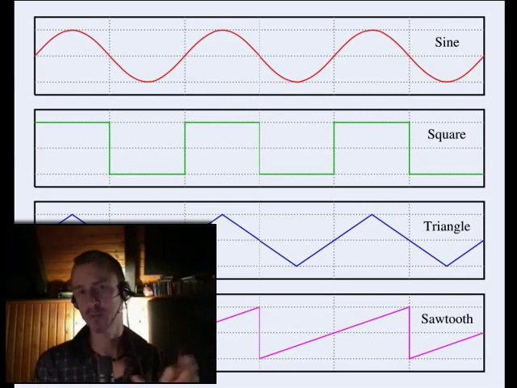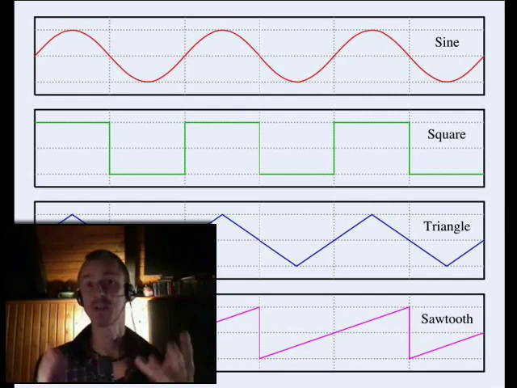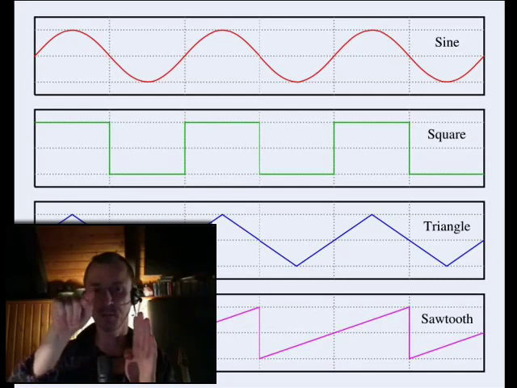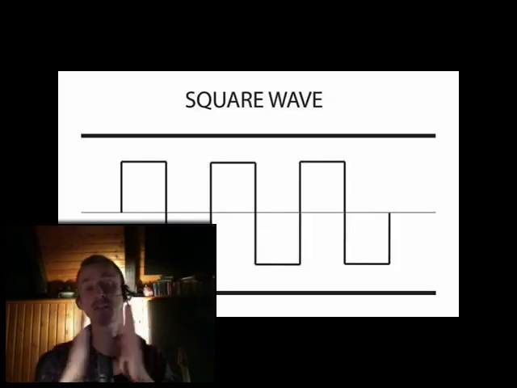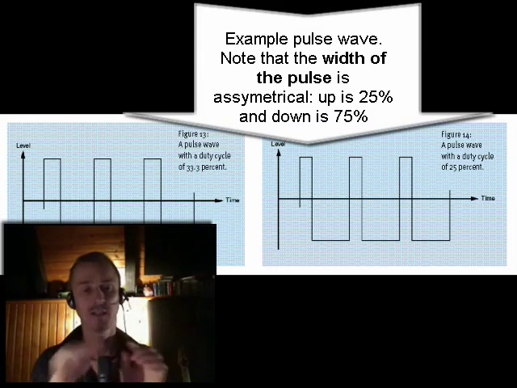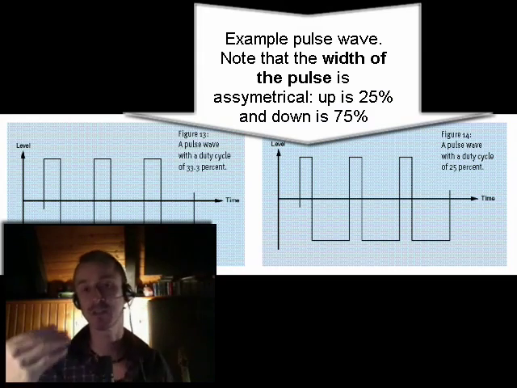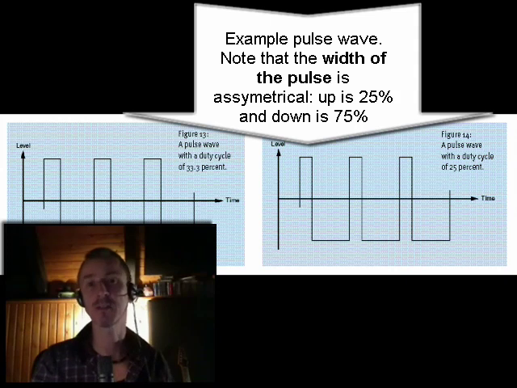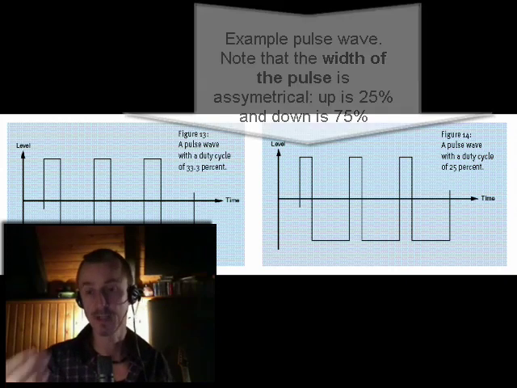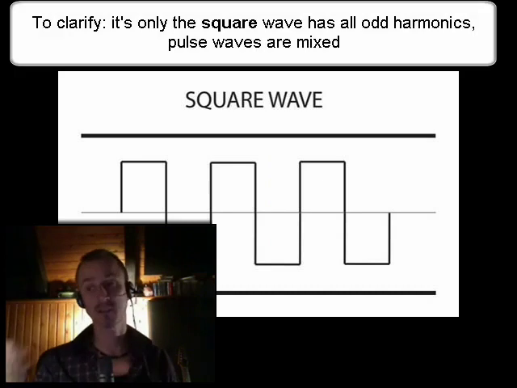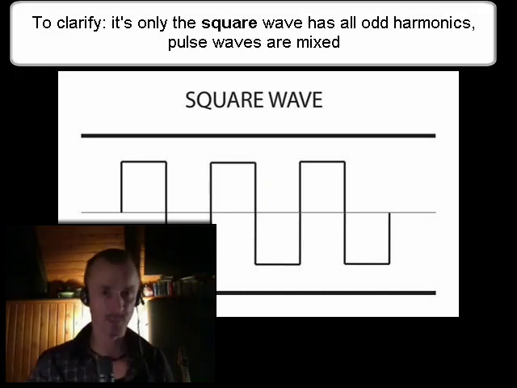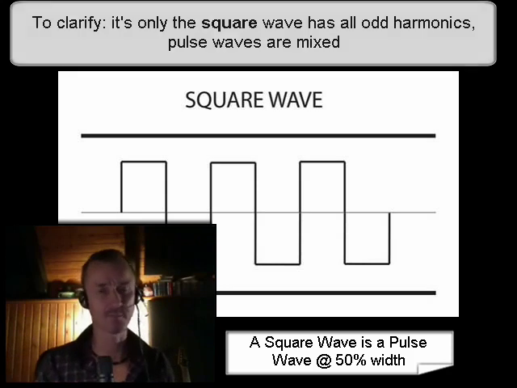Second, square wave or pulse wave, depending upon whether the up part of the waveform is the same as the down part of the waveform, which makes it a square wave, and if it's any other ratio, then it's a pulse wave, which is also very rich harmonically, slightly less so than a saw wave, and interestingly only has odd harmonics as opposed to a saw wave which has even harmonics, so they sound different.